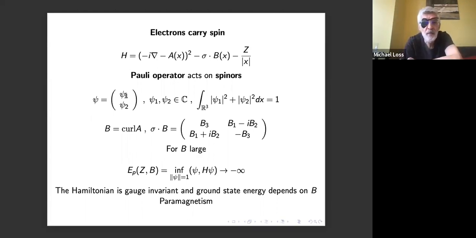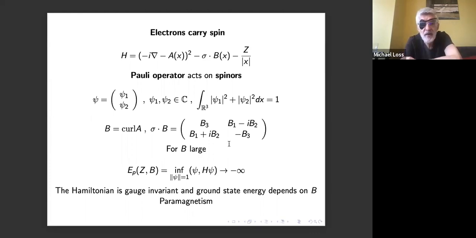I call psi a spinor. It has two components, psi 1 and psi 2. They are both complex valued functions, and we normalize them so that the sum of the moduli squared integrates to 1. B is the curl of A, and sigma dot B is this somewhat complicated matrix here.